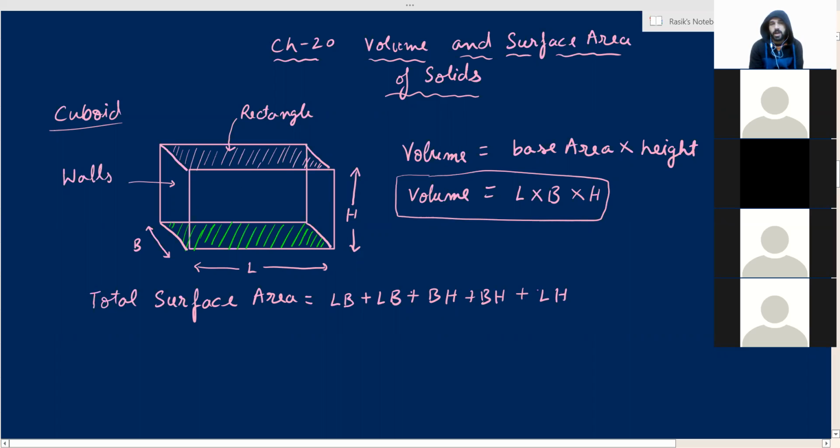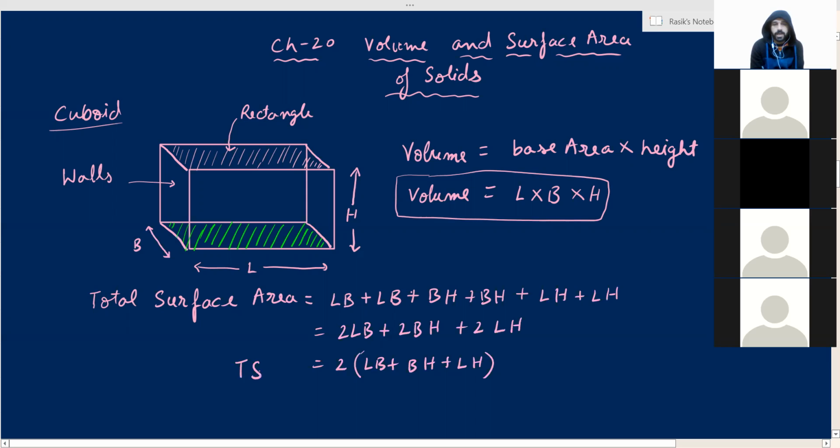L into H. And then the wall on the back side, its area will also be LH. So this gives us 2LB plus 2BH plus 2LH. If we take 2 common, we get the final formula of total surface area: 2 into LB plus BH plus LH.